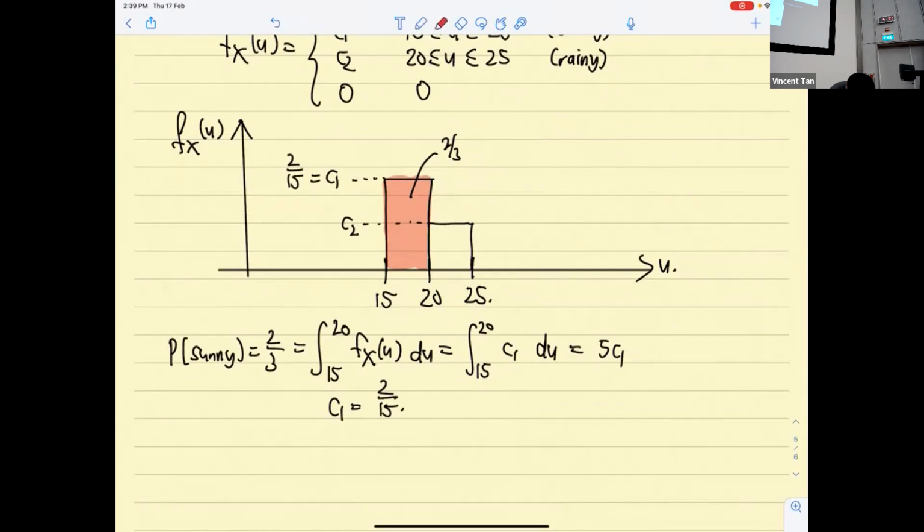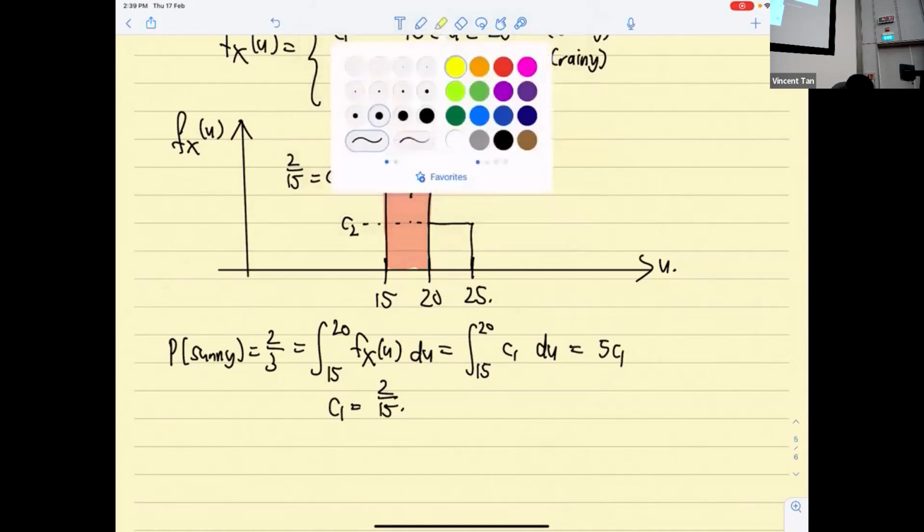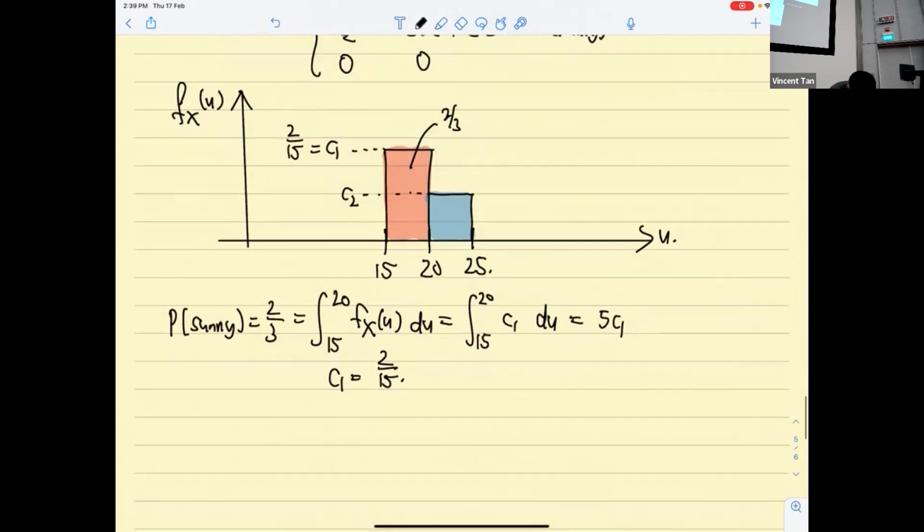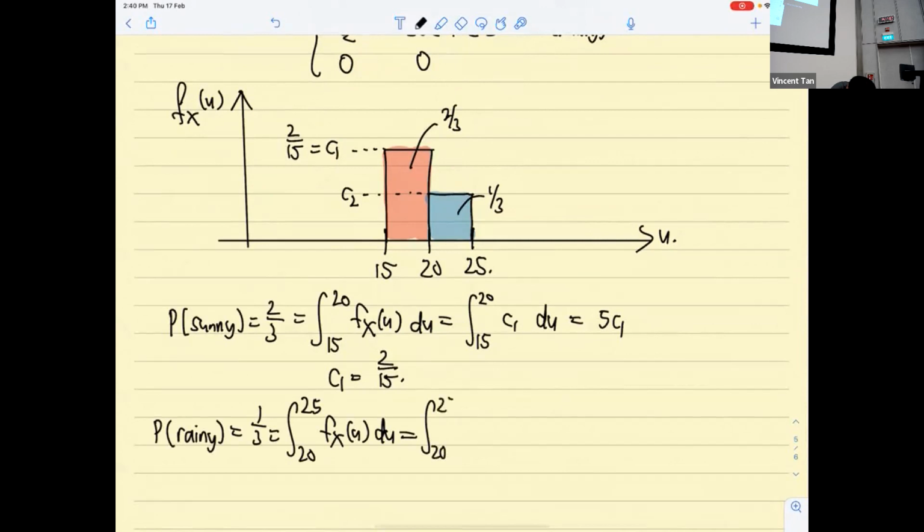Now we should try to figure out what is C2. So C2 can be figured out by noticing that this part here contributes 1/3 probability. So let us consider the probability of it being rainy, which is 1/3. But it can be written in another way. Integrate from 20 to 25 of fX(u) du. Now, in this particular interval from 20 to 25, fX takes on the value c2. Look at this flatness here. We want this area here to be 1/3.